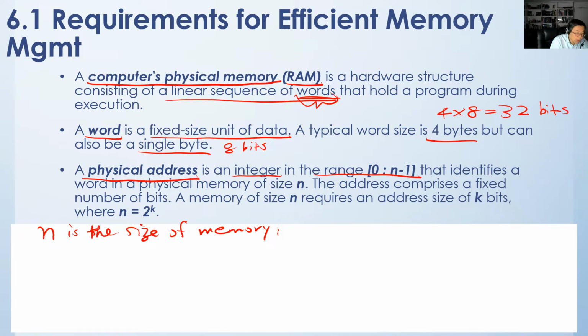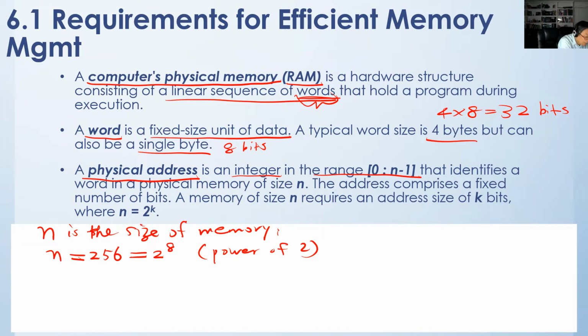Let's say n is 256. Why do I use 256? Because 256 is 2 to the 8. Typically, when we talk about computer memory size, we tend to use a number which is a power of 2, because the computer uses binary numbers.